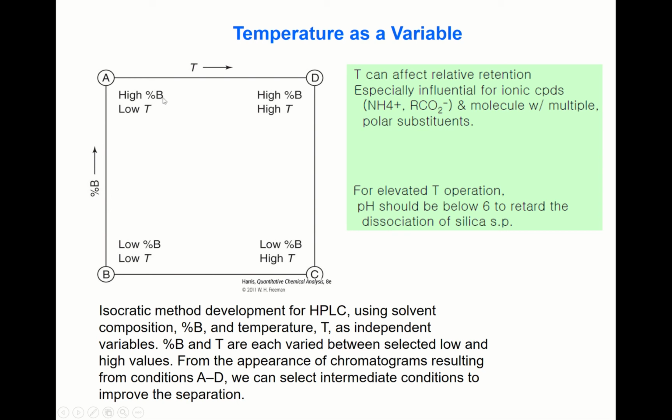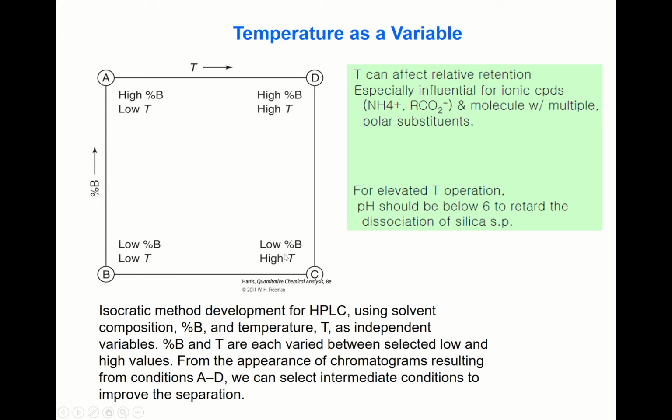And high B and low T. If you increase the temperature, then it means a high percent B and high temperature. And if you increase B at the same low temperature, and like that.